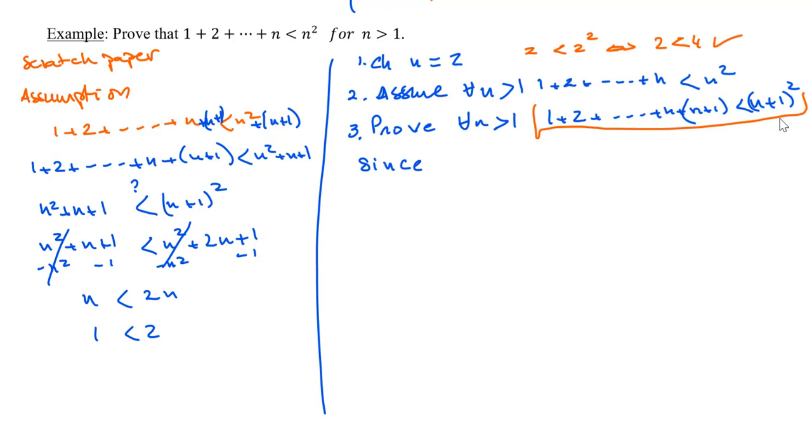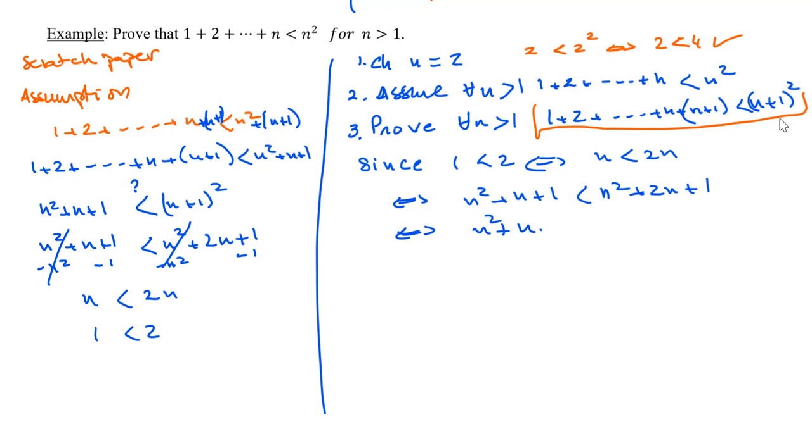I would say since 1 is less than 2, which is equivalent to n less than 2n, which is equivalent to saying that n squared plus n plus 1 is less than n squared plus 2n plus 1, which is equivalent to n squared plus n plus 1 is less than n plus 1 quantity squared. And we stop here.